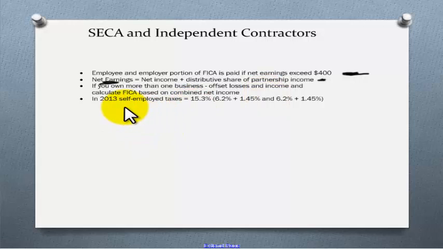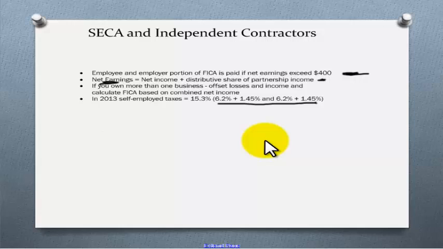Okay, so in 2013, we've got self-employment taxes really of 15.3%, and that's just adding up all of the OASDI and HI for the employee and the employer. So 6.2 for the employee, 6.2 for the employer for OASDI, and 1.45 for the employee, 1.45 for the employer for HI.